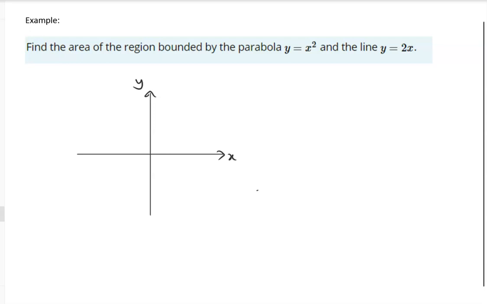So you're graphing y equals x squared and y equals 2x. We're going to do it tech-free to start with. We will learn how to do it on our calculators a little bit later, as in graphing them.